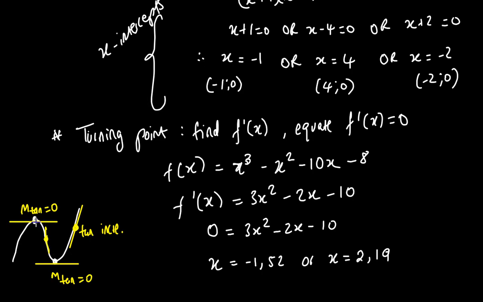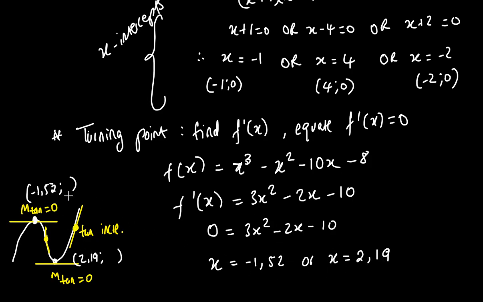It's because our turning points, right, this is the first turning point, maybe the x value will be negative 1.52, and then we wouldn't know the y value. Here also it would then be 2.19, and then we won't know the y value, but we do know that those are the x coordinates at the turning points.